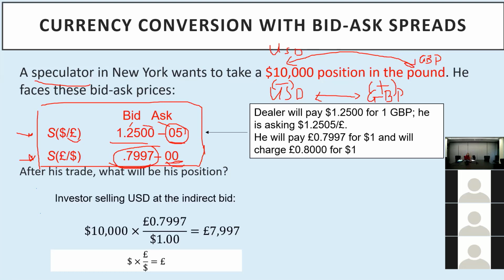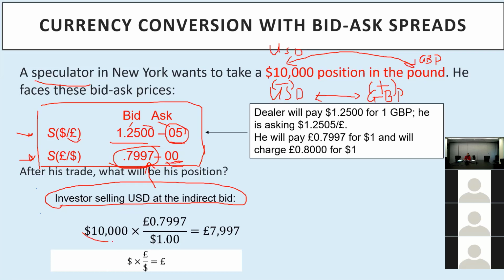So let's look at the USD for the moment. If we are talking about the USD, we are basically selling, right? When we are selling, we'll be selling at this rate over here. To convert 10,000 USD into the pounds, I'll take 10,000 USD and multiply it by the value of each USD.